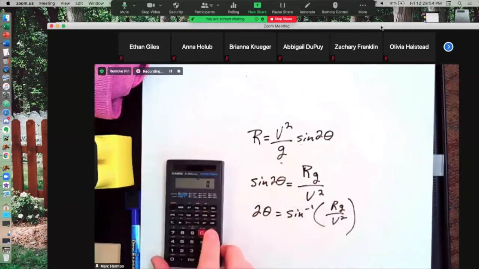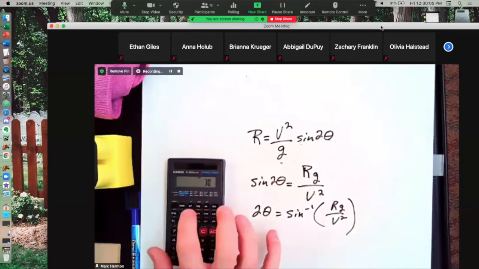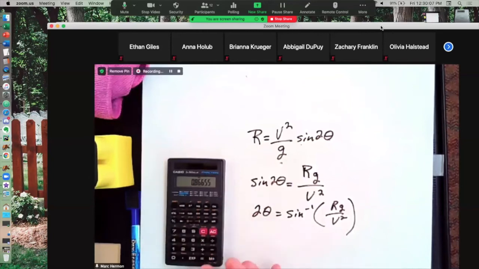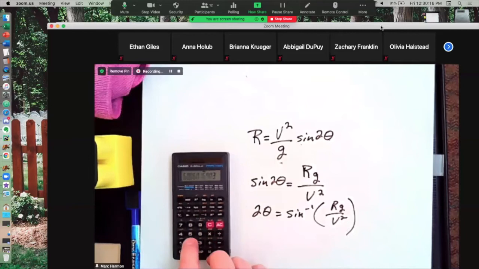What was it? 79.5 was the range, right? 79.5 times 9.81 divided by 30 squared, and then I'm going to do inverse sine. Then I'm going to divide that by 2. And I get an angle of basically 30 degrees.